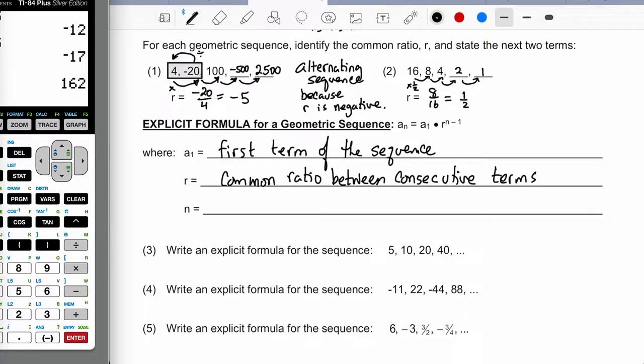And n is any term in the sequence, the position of any term in the sequence. I go back and forth between calling it a position and a location. It really means the same thing.